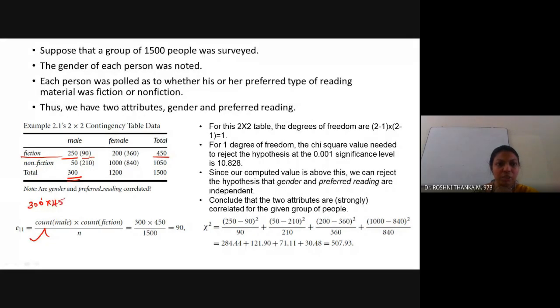So 300 into 450 divided by what? 1500. The total number of tuples here is 1500. Okay, so this is how we have to find it. I hope you got it. So this will give you 90. Then how will you find this 360? Now can you tell me how to find this 360?